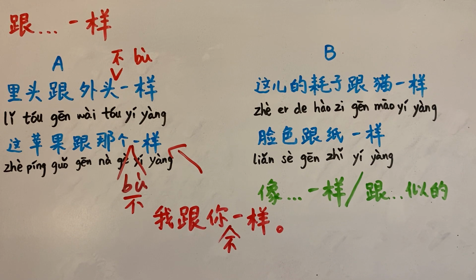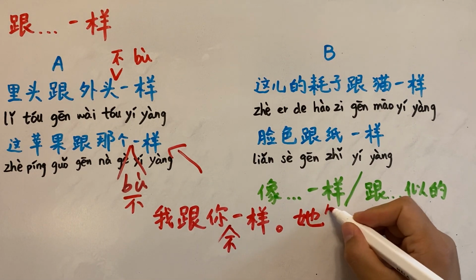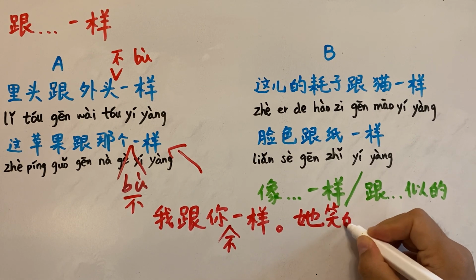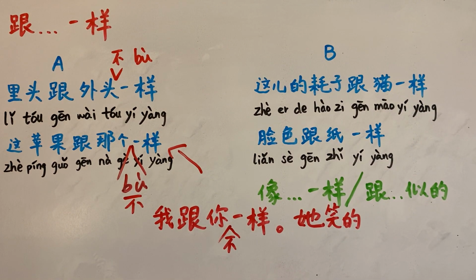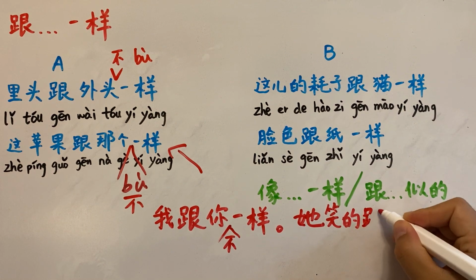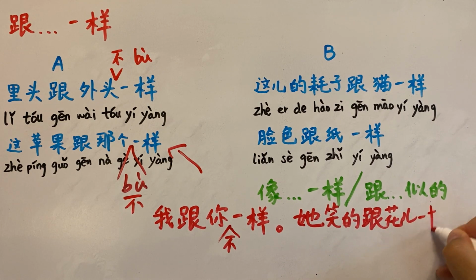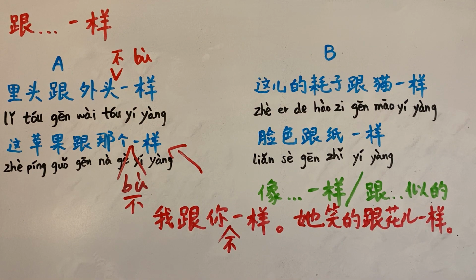Her smile is just like a flower. 她笑得 means the way she smiles. 花 is flower. 她笑得跟花儿一样. The way she smiles is like a flower.